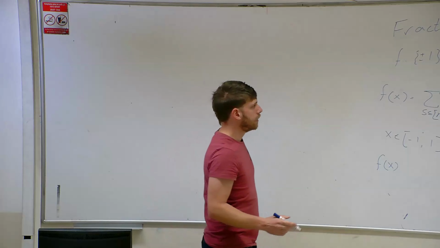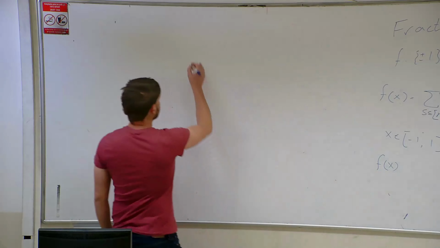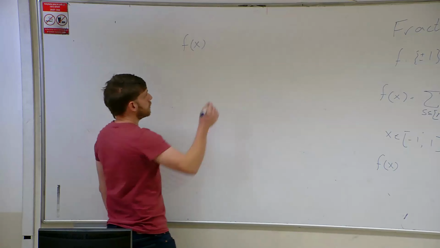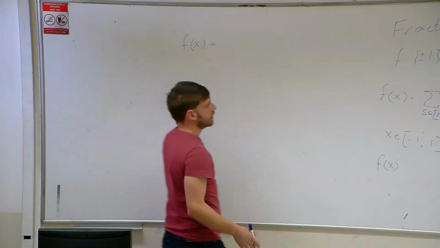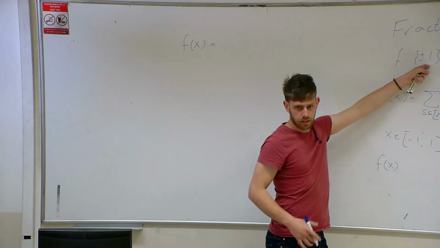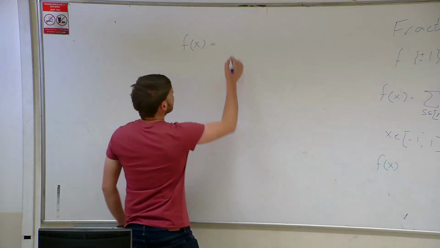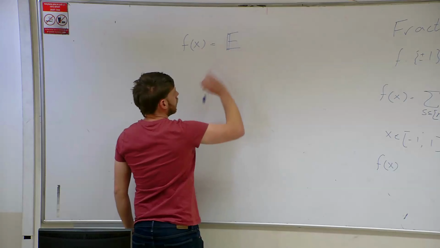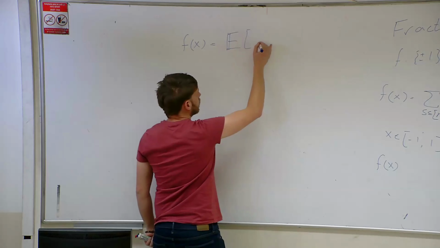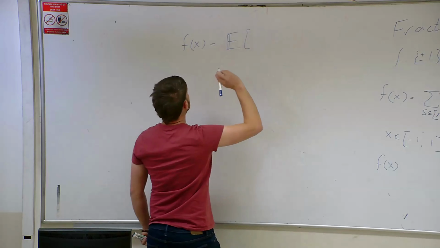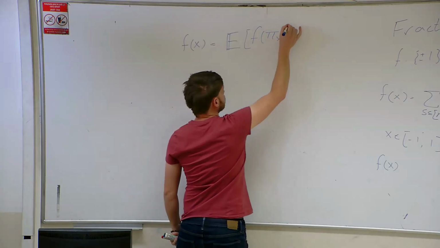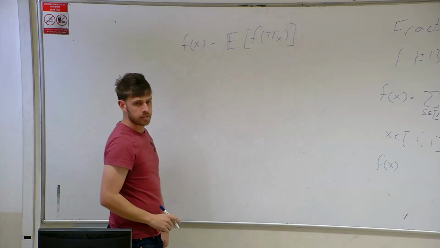And now f of x, plugging a fractional point, can be thought of as plugging the distribution pi x, which is distributed on the corners of the Boolean cube: the expectation of f over pi x.